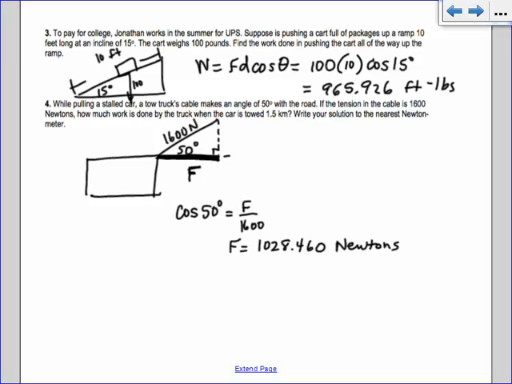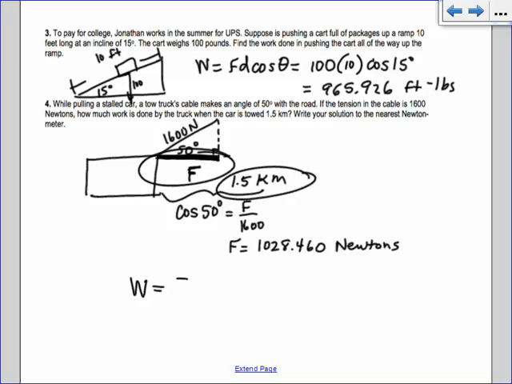Okay, and so if I want to find the work done, the work is pulling it horizontally a certain distance. I'm pulling it 1.5 kilometers. So this is the force I'm pulling, and I'm pulling it for this distance. So I'm just going to do the force times distance, which ends up being, let me think, 1,500 meters times my force, which was the 1028.460.